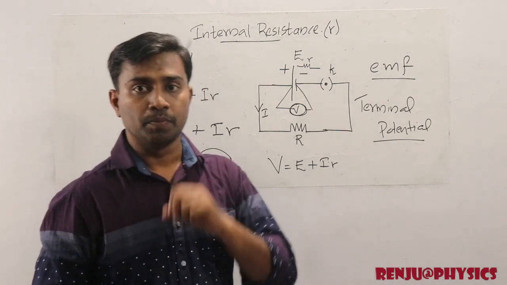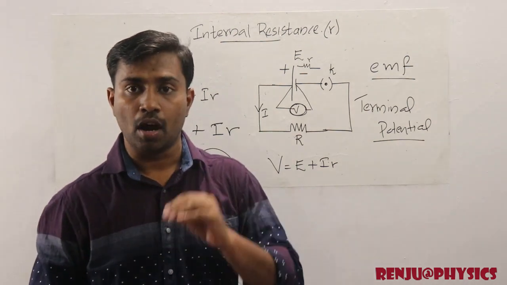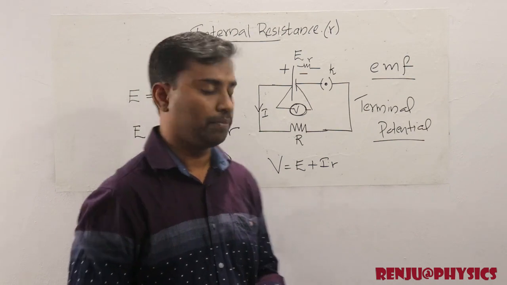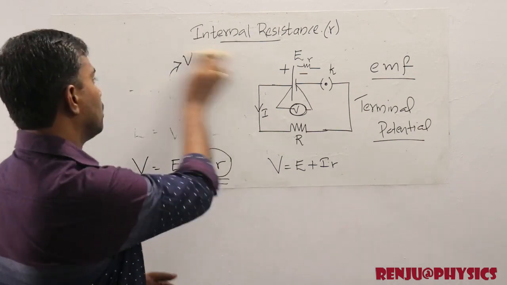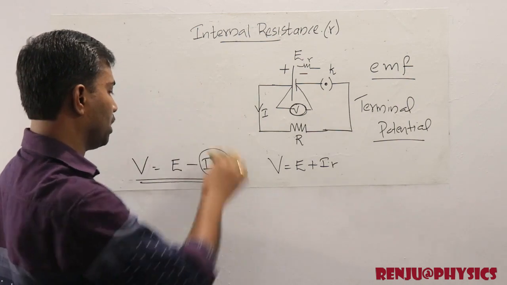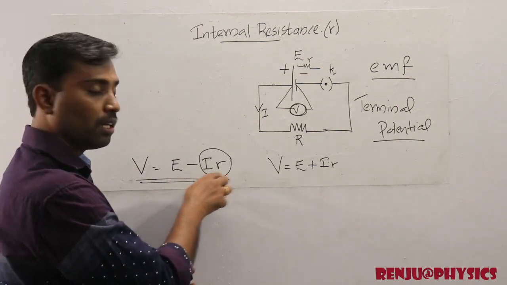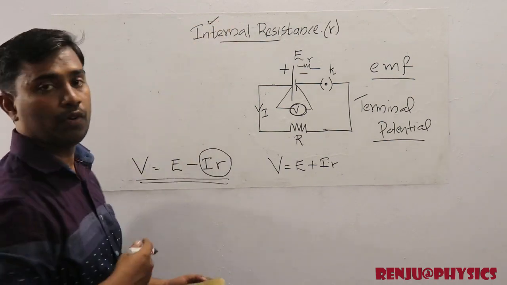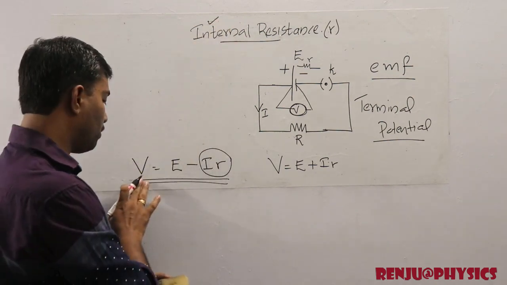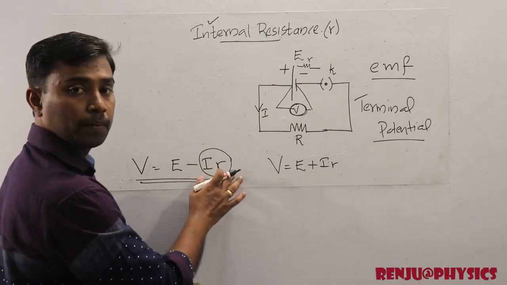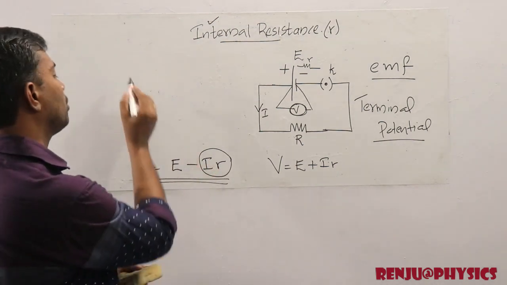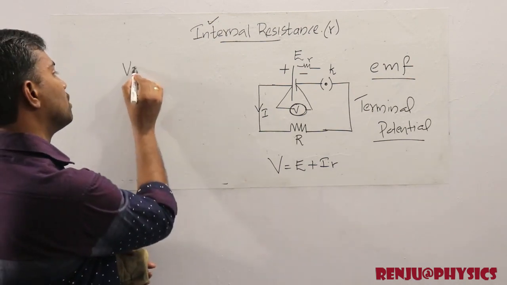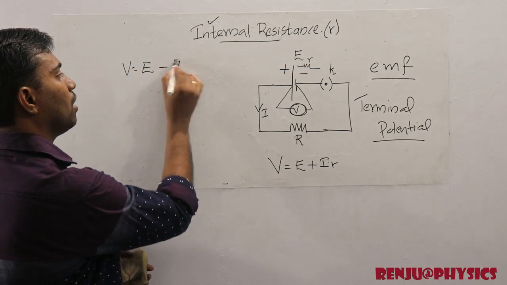Okay, now we are going to discuss how we can determine the internal resistance of a cell. So we got the equation for finding the terminal potential, V is equal to E minus Ir. Okay, we need to find the equation for internal resistance. So we know that V is equal to E minus Ir.